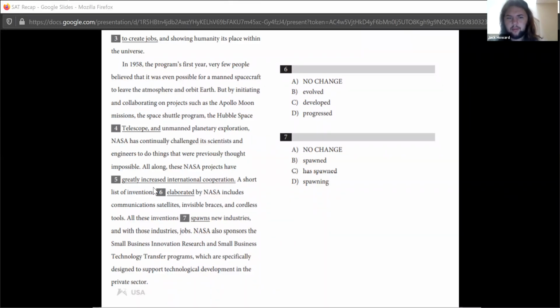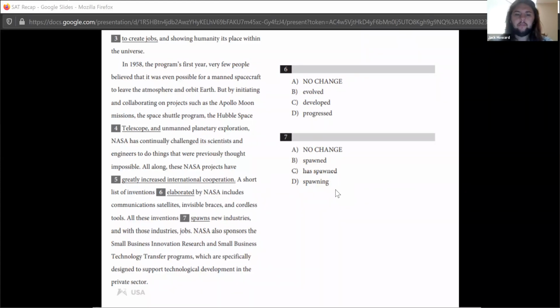The concrete reason that no change is wrong is because of the verb number. C also has a verb number problem because has is a singular verb. This invention has spawned new innovations, but you can't say these inventions has. It would be have, the plural of has.